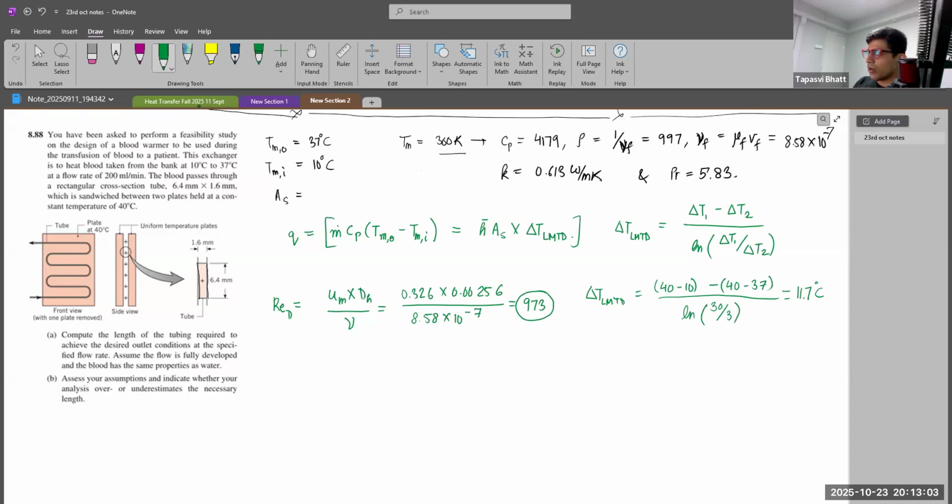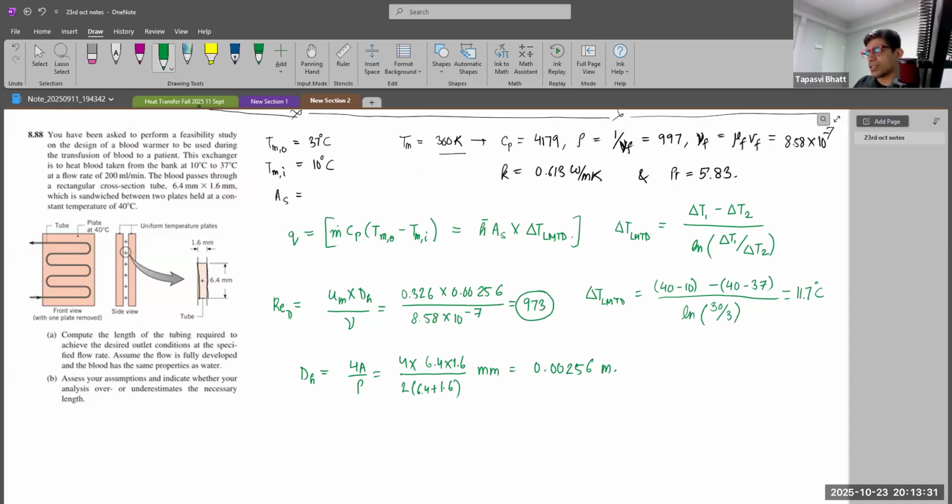So this is a rectangular plate, right? How did I calculate DH? DH was 4 times A over P, which is 4 times 6.4 times 1.6 over 2 times 6.4 plus 1.6 mm, which came out to be 0.00256 meters.